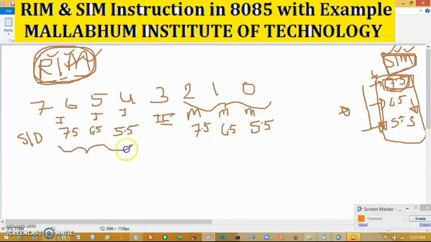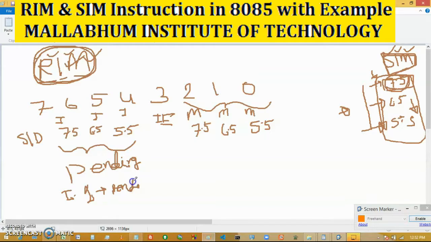This is for pending interrupt. This line is used to check pending interrupt. If any of the bits is 1, that means it is pending.